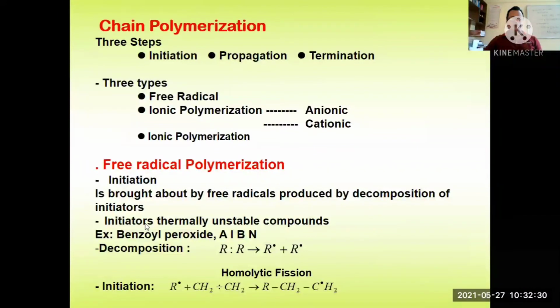So initiation: initiators are thermally unstable compounds like benzoyl peroxide or AIBN, azoisobutyronitrile. And these free radical generators will undergo homolysis to give free radicals, as I have already shown you. Then in initiation, this free radical from the free radical generator will add to the carbon-carbon double bond, and it will give rise to a free radical.